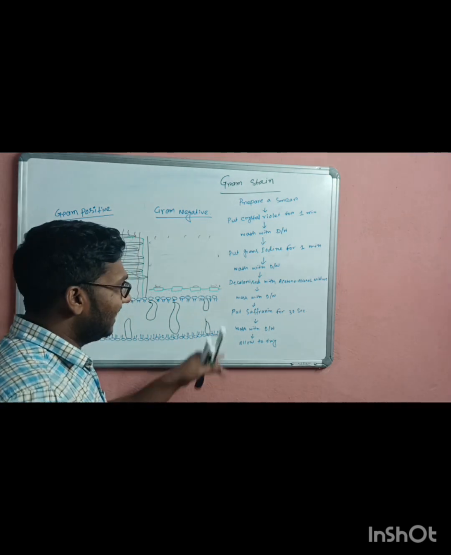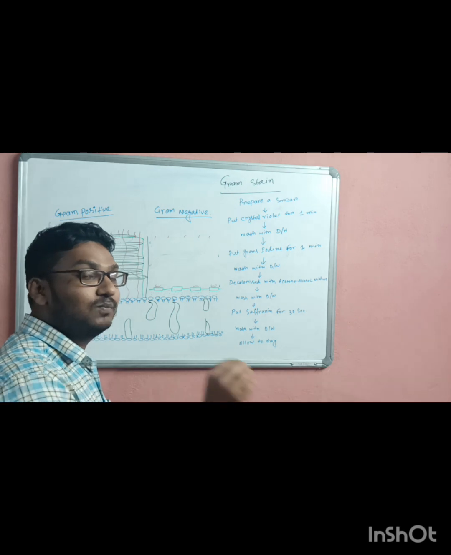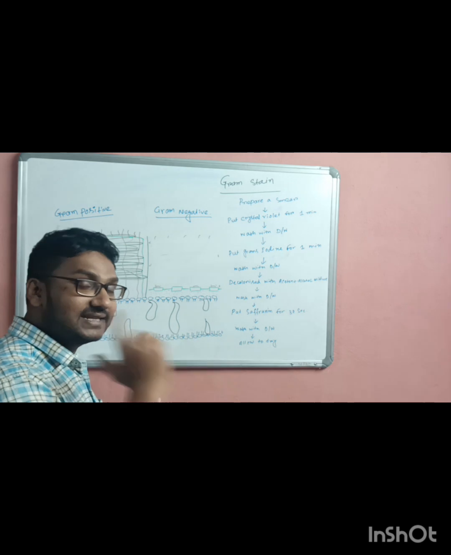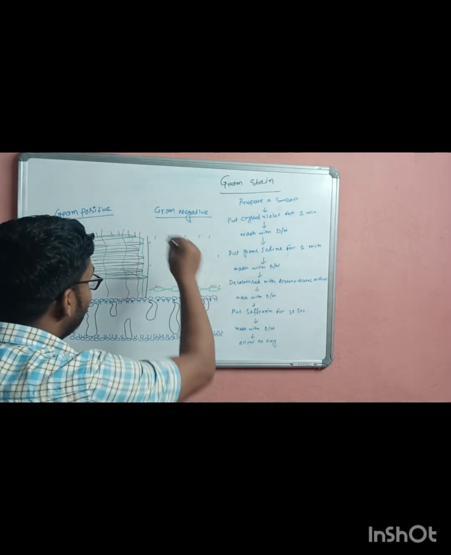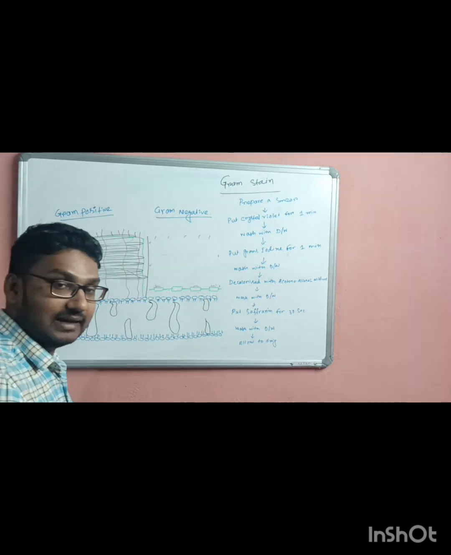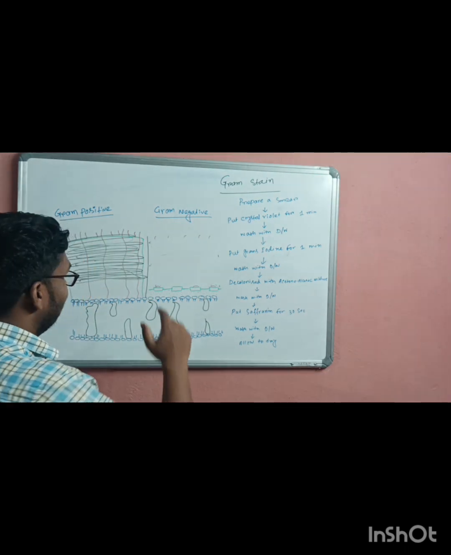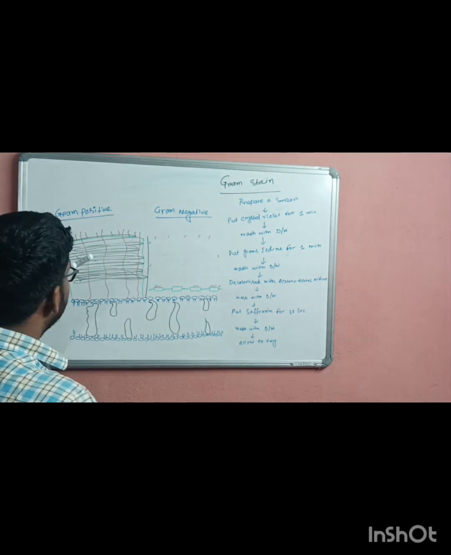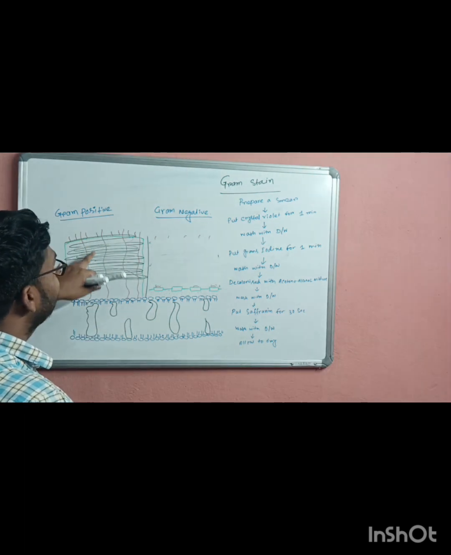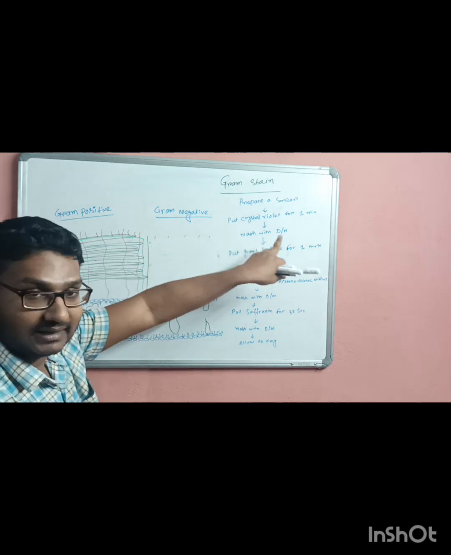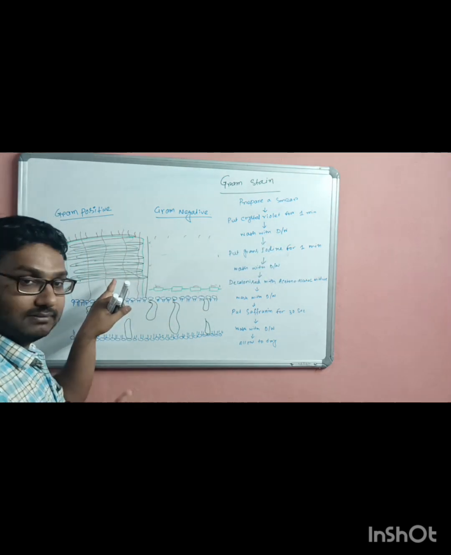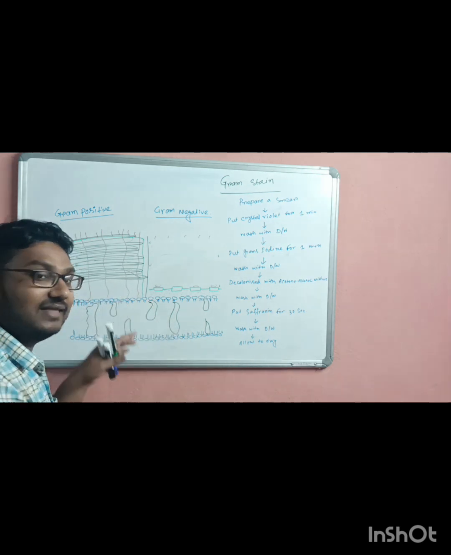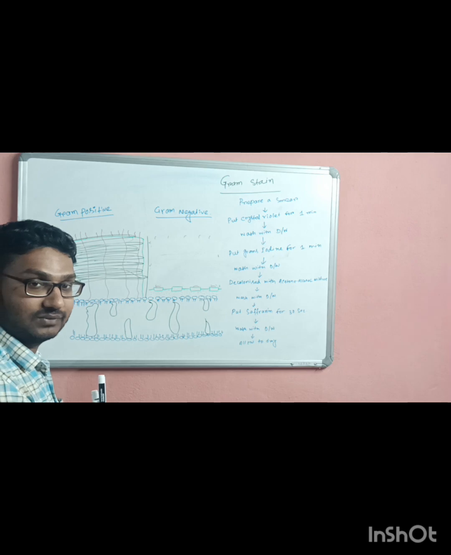The last part is we put safranin for 30 seconds. In the case of gram positive bacteria, they already hold the primary color, crystal violet, so they take no new color and remain crystal violet.